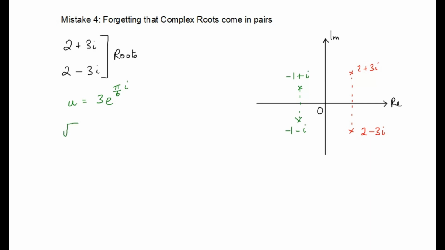So if I root u, I can say 3 e to the power of pi by 6i, to the power of half on the right side. And then I apply that root to both the terms. So 3 becomes 3 to the power of half, which is root 3. And e to the pi by 6i into half, right? So this is root 3 e to the power of pi by 12i. Right, so this is the first root.